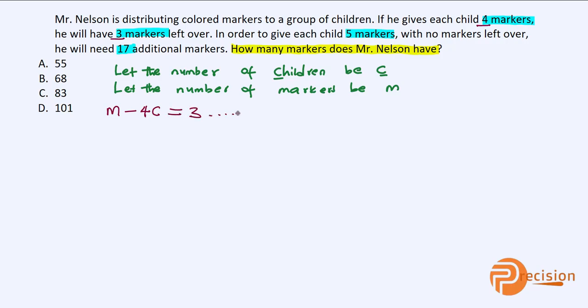We can call this equation 1. In order to give each child 5 markers, starting off again as M markers, he's meant to give each child 5 markers, with no markers left over, which means 0 markers will be left over. He will need 17 additional markers to make this possible, so let's call this equation 2.